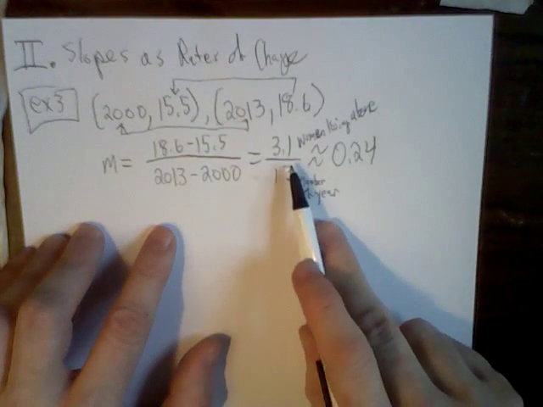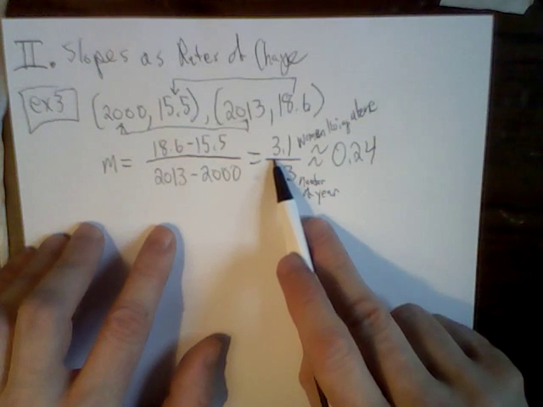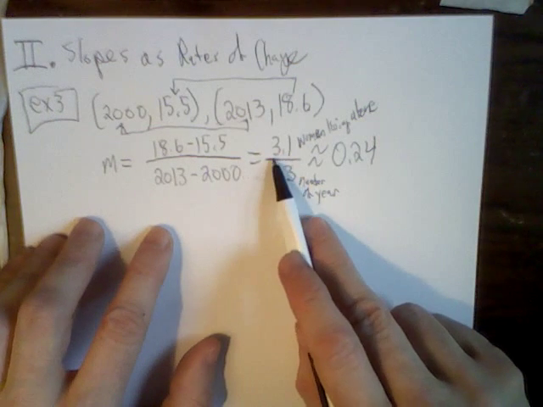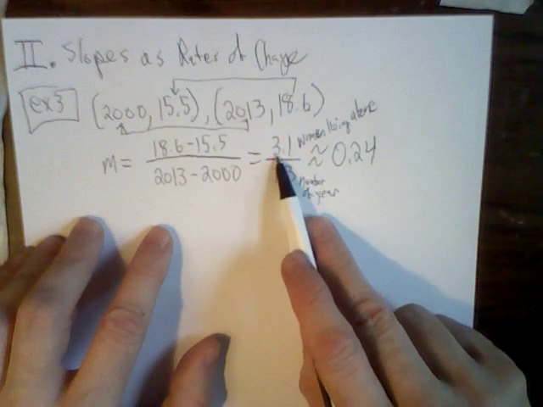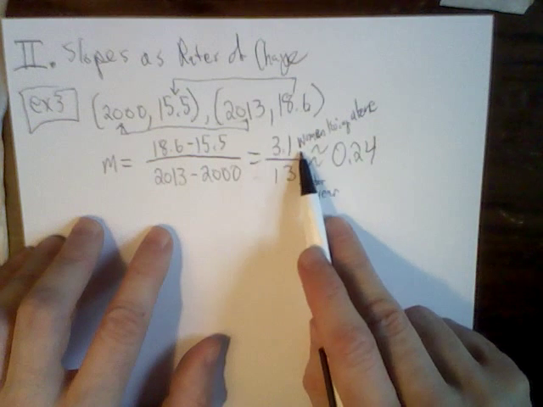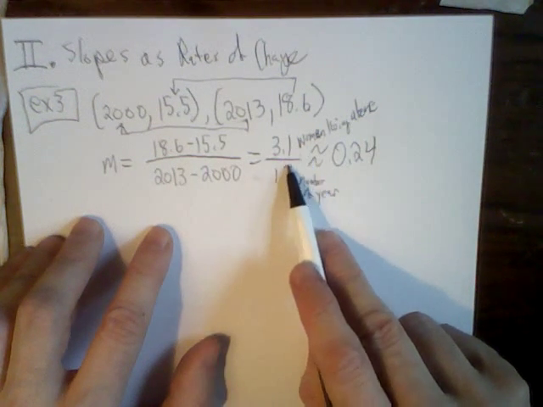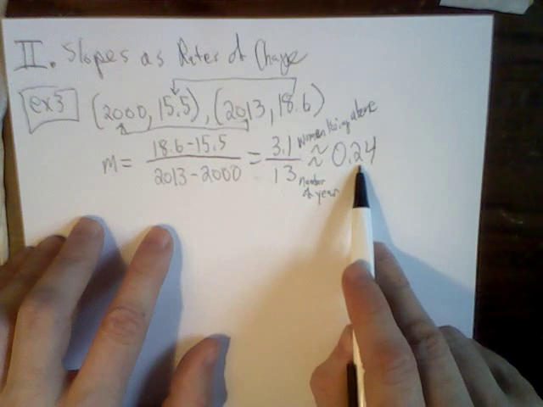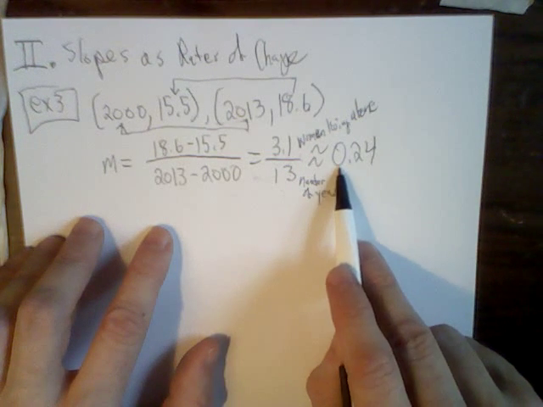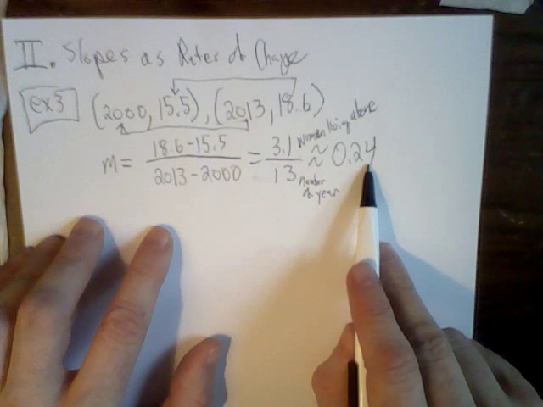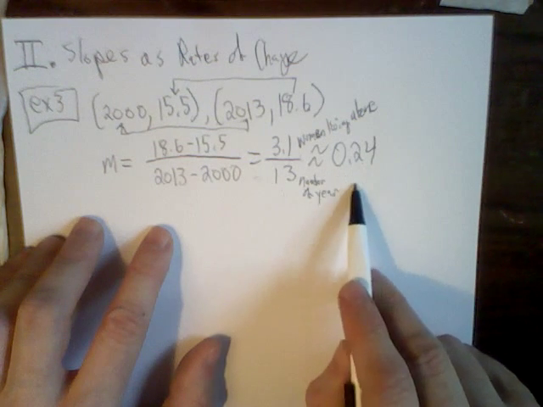So what does this represent? Well, because it's positive, we have a 3.1 million increase in the number of women living alone every 13 years. This over here means we have 0.24 million more women living alone every 1 year.